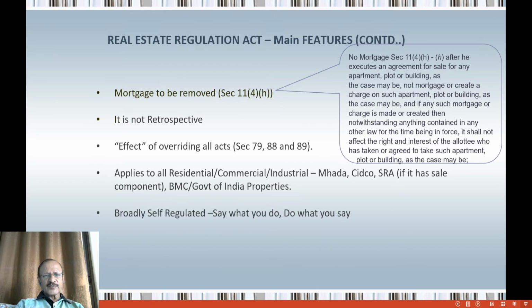Joining these two sections, it is evident MOFA has not been relegated, only subsumed, and RERA has overriding status. Example, if section 13 of MOFA has three types of punishments, say 1 year, 3 years, 5 years, with or without additional fine, but chapter 8 under RERA has penalties for offences, and read with sections 88 and 89, it overrides MOFA.